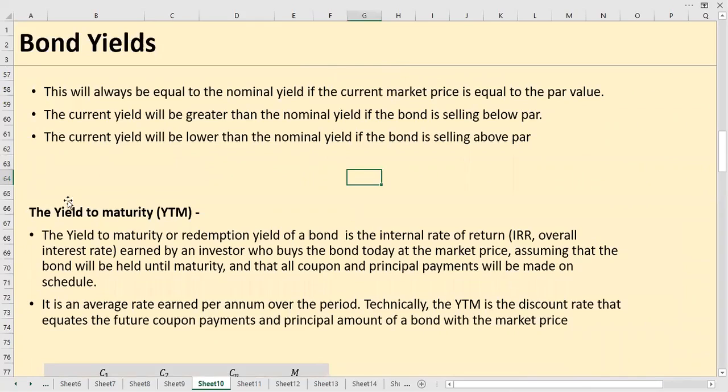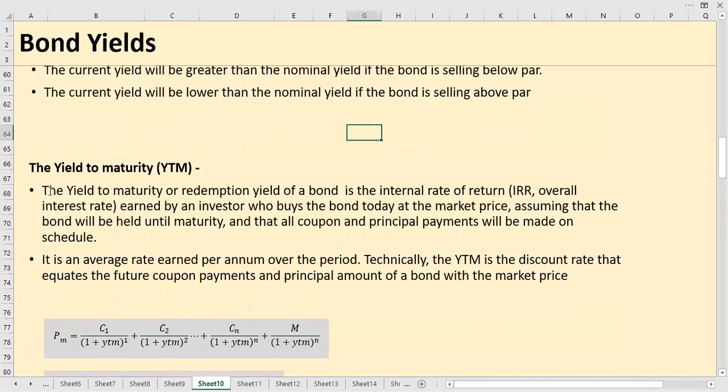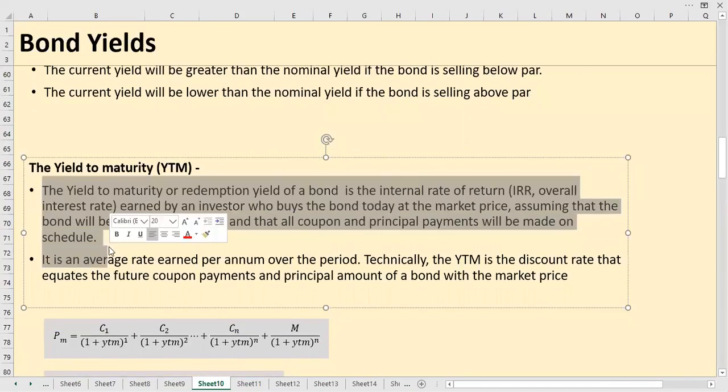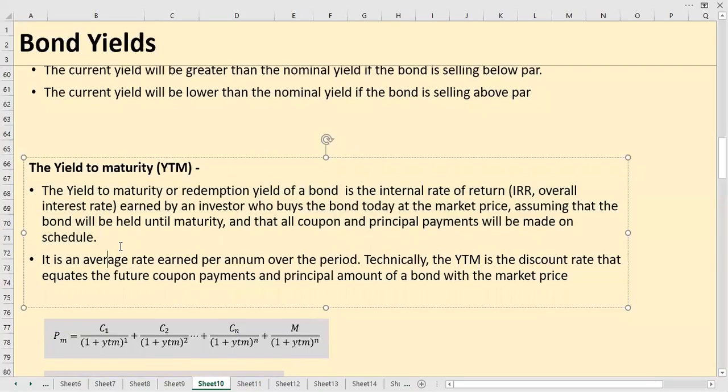And moving into yield to maturity, the third yield concept. If you read this particular statement, it says that the yield to maturity, or the redemption yield of the bond, is actually the internal rate of return.